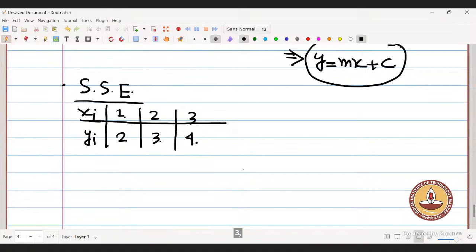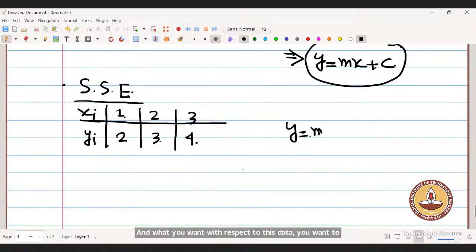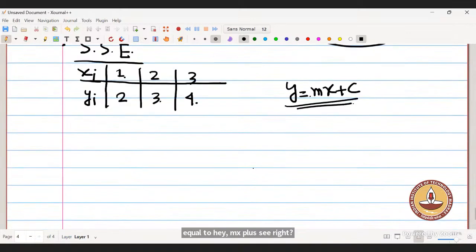And with respect to this data, you want to find the sum square error with respect to some line y equal to mx plus c, right? Then what will be the formula for this sum square error?